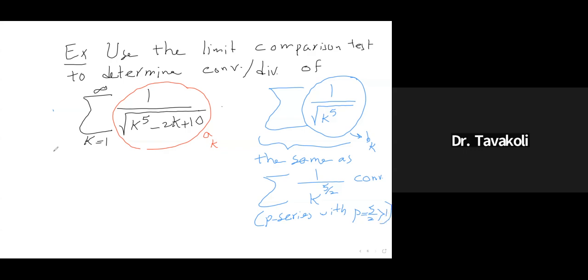It remains to find the limit of the ratio of the general terms of these two series as k tends to infinity of a_k over b_k, which is 1 over the radical of (k to the 5 minus 2k plus 10) over 1 over the radical of k to the 5.